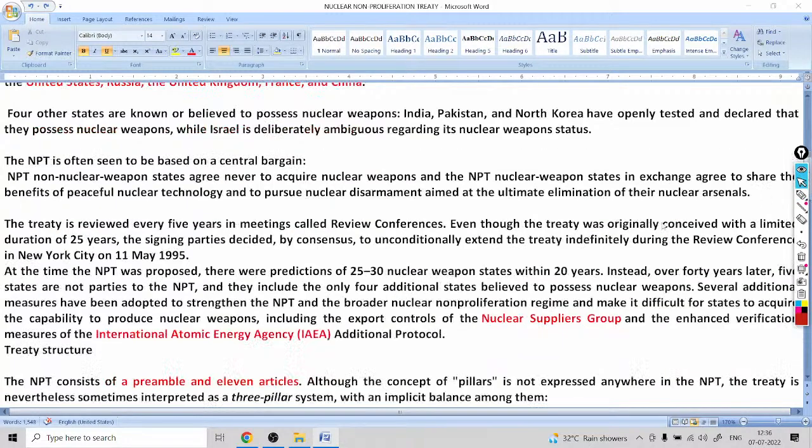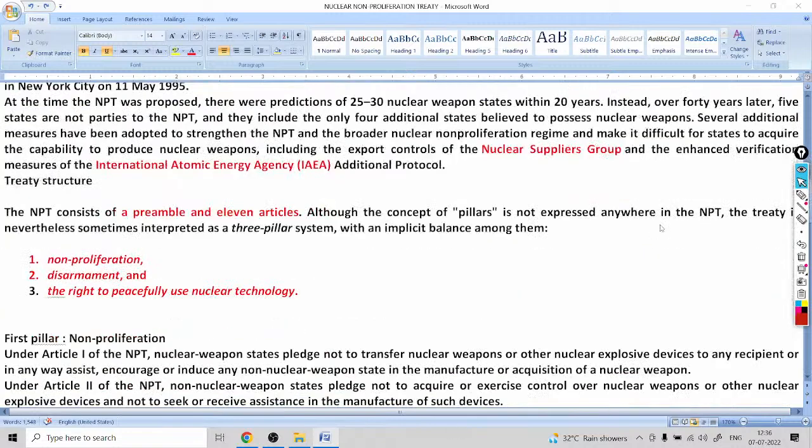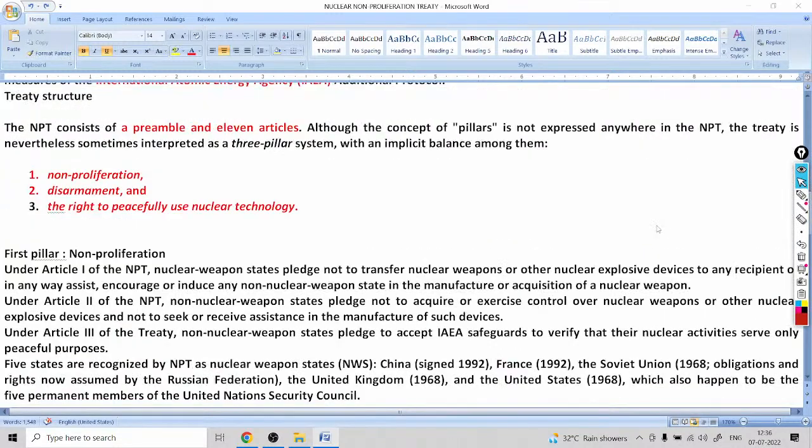Moving further, the treaty structure. The NPT consists of a preamble and 11 articles. Although the concept of pillars is not expressed anywhere in the NPT, the treaty is nevertheless sometimes interpreted as a three-pillar system with an implicit balance among them.